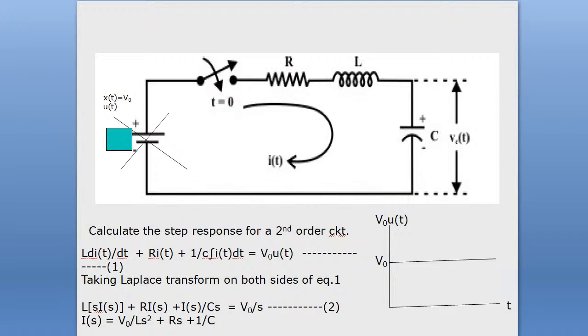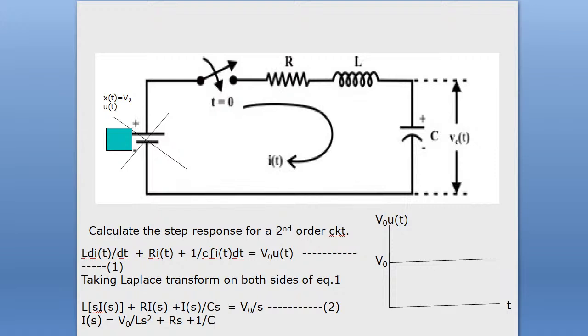One thing you remember: to solve the equation in the frequency domain, or if you want to get the time domain value from the frequency domain expression, you need to express the frequency domain expression in the form of partial fraction expansion. That will help you to easily take the inverse Laplace transform of the individual functions.